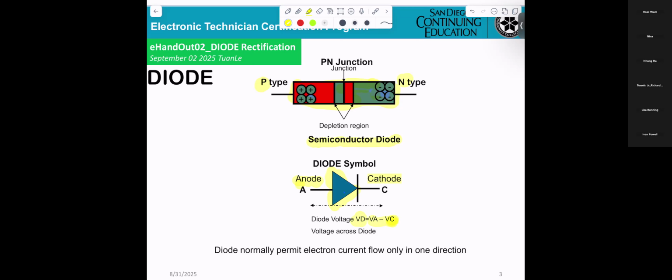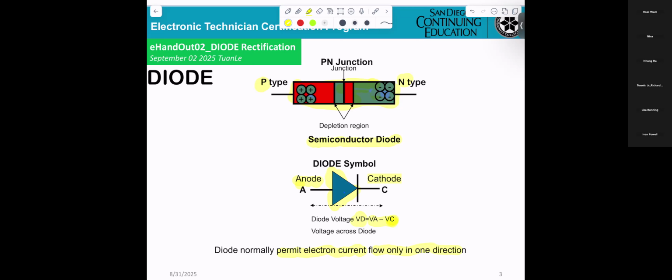That's what they're talking about. Voltage across the diode. A diode normally permits electron current flow in only one direction.